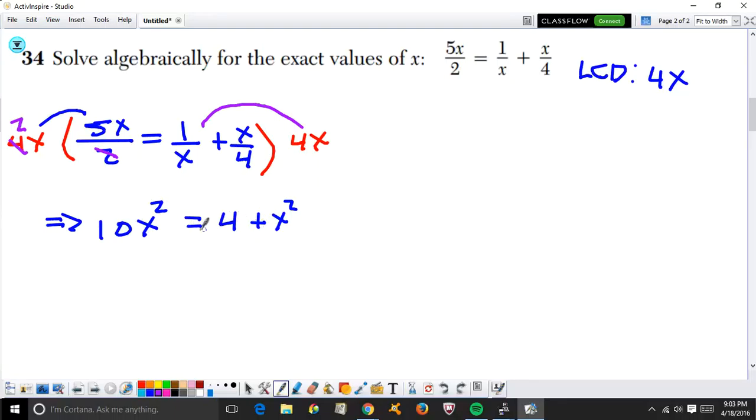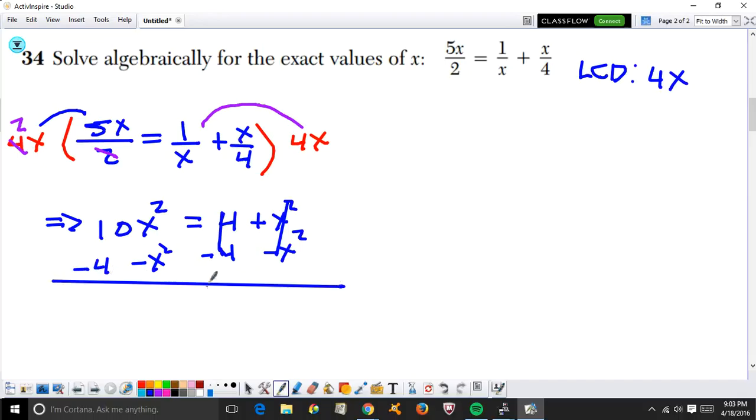So now we want to solve for the following. Let's set it equal to 0. So now we have 9x squared minus 4 is equal to 0.